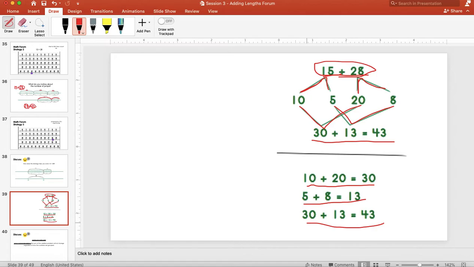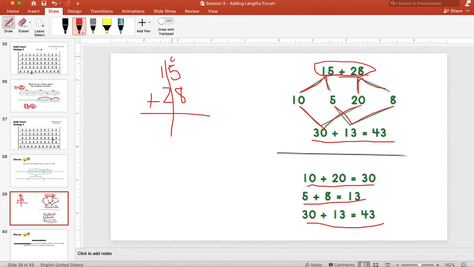If you don't like breaking the numbers down and you're not a fan of number lines, or you just want to try another strategy, you can always stack it like a hamburger. So 15 plus 28. I like to separate my ones from my tens.